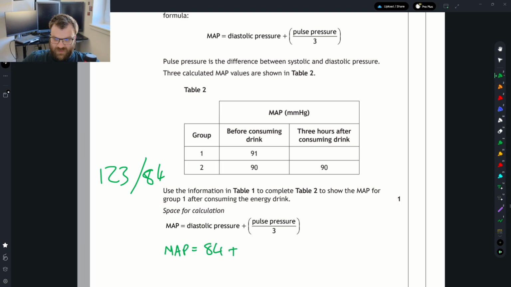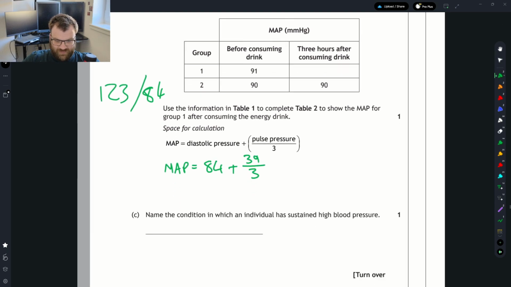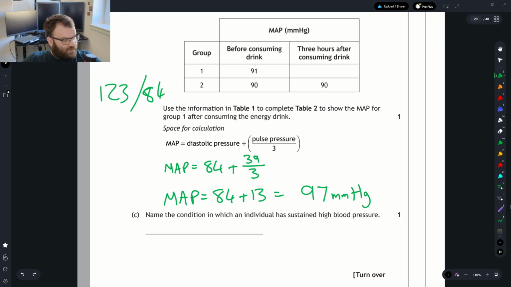Add on pulse pressure, which is the difference between them, so take them away from each other, gives us 39, over 3. You could just fire that into your calculator, but it'll be 84 plus 13, which is 97 millimeters of mercury, that's the unit there for that.